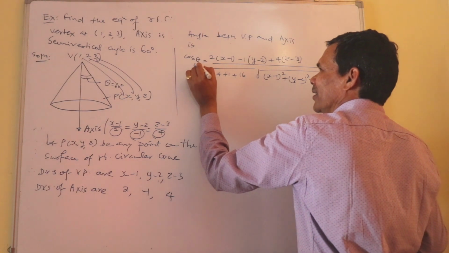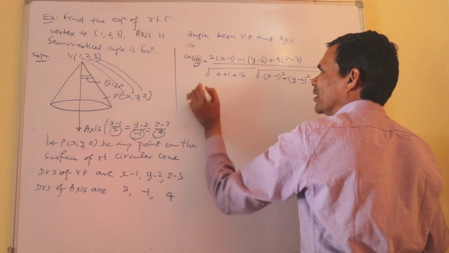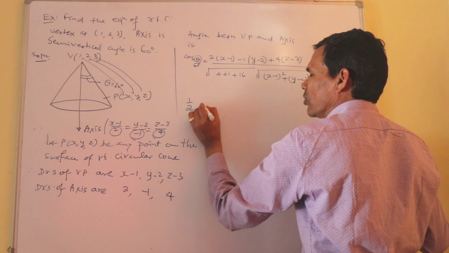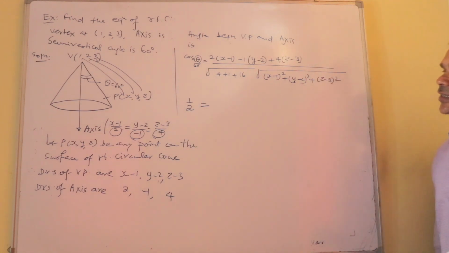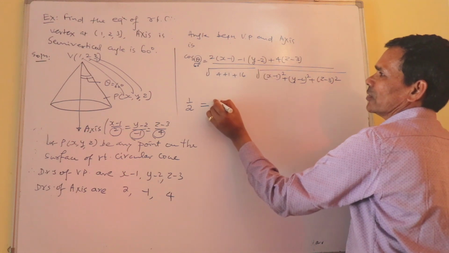Theta is 60 degrees here, so I put cos 60, which is half, cos pi by 3. Now I just simplify this.